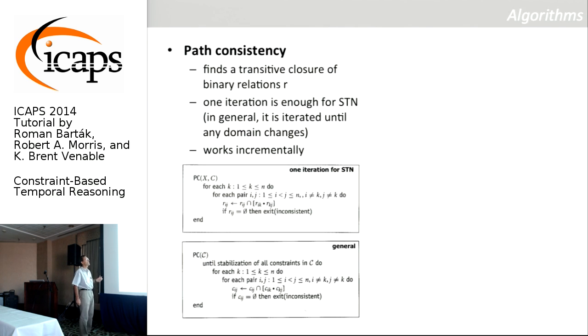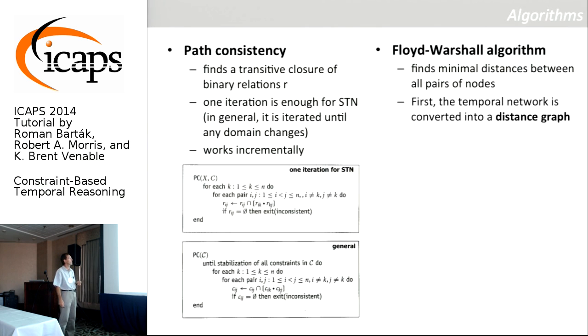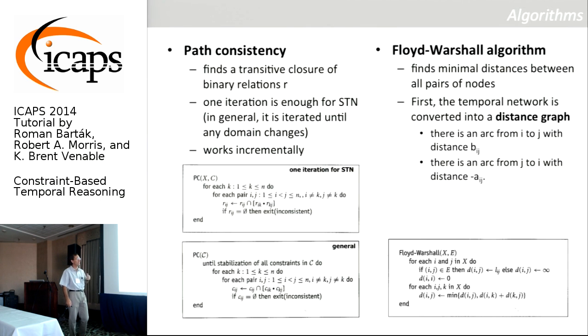So that's path consistency. For the Floyd-Warshall, as I said, it's an algorithm to find all pairs shortest paths, so the minimum distance between any pair of nodes. So we need first to convert the temporal network into a distance graph, and then we use the Floyd-Warshall. If you compare these two algorithms, you can see a very similar principle, right?